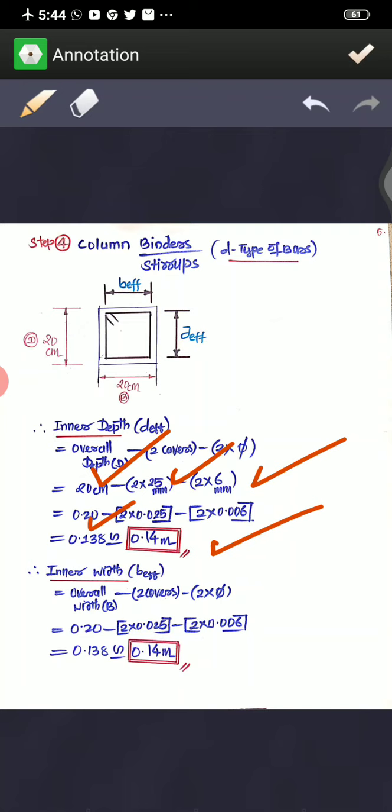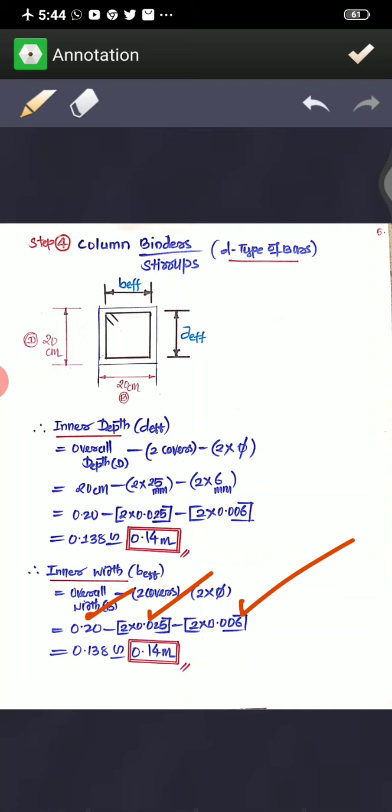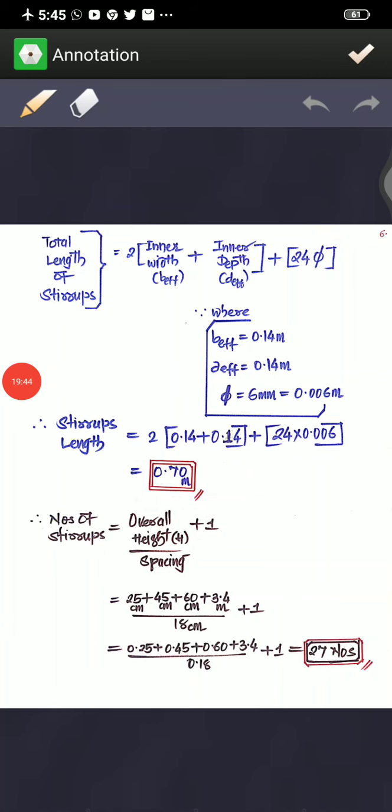Now for the inner width, I'll follow the same criteria: overall depth minus 2 covers minus 2 into dia of bars. Here the dimension is the same, so you get the same inner width, that is 0.14 meter. Now the total length of stirrups is 2 times (inner width plus inner depth) plus 24 times the dia of bar.